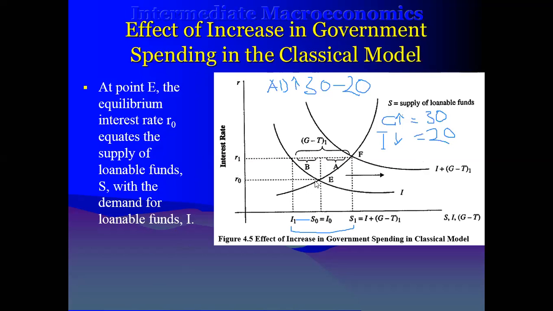G minus T is part of the demand for loanable funds. Whenever there's an increase in demand, what happens to price? Price must go up just to encourage the producers to sell more, so that the equilibrium state can be restored.